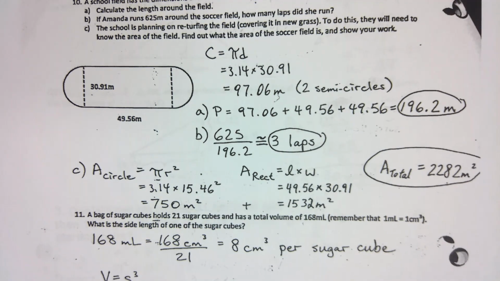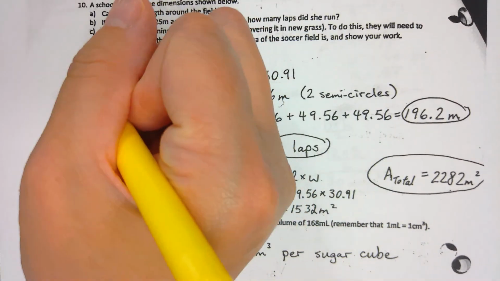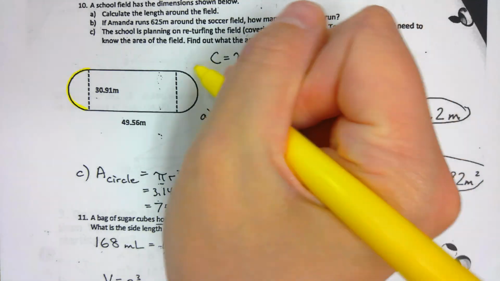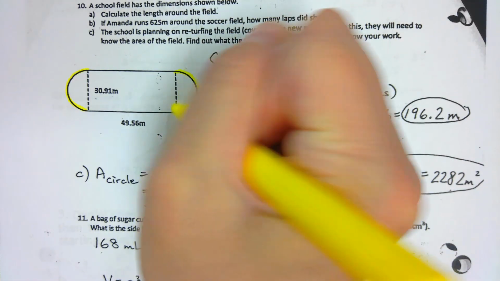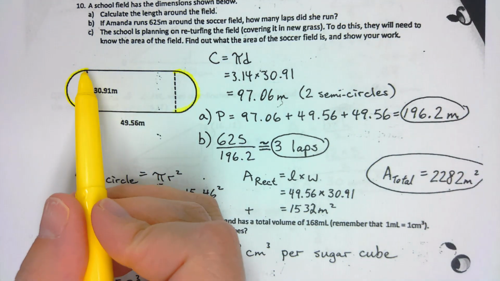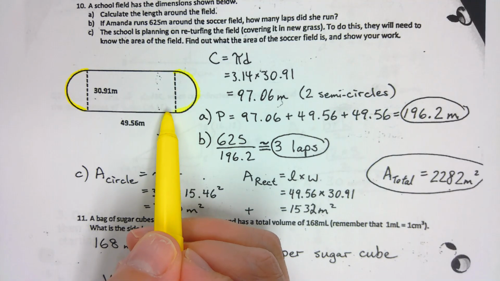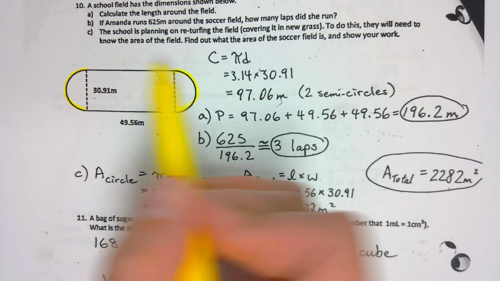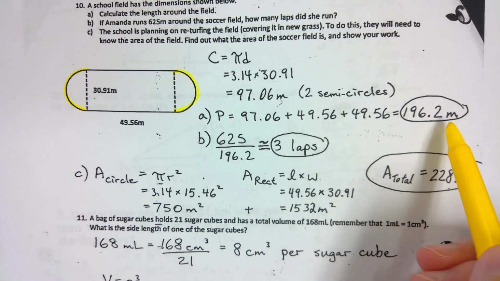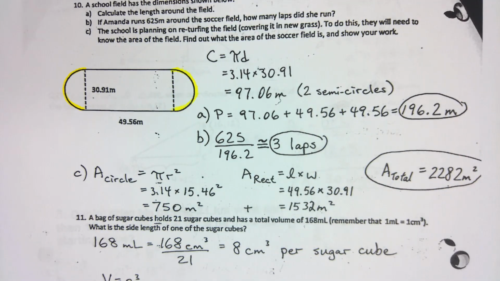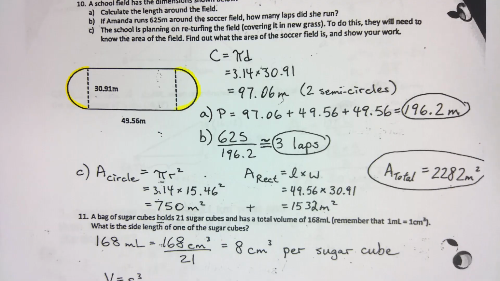Again, perimeter is just the outside. So this is the track. I just need to add the top and the bottom, 49, 49. I don't add the middle dotted lines. So my whole perimeter is 196.